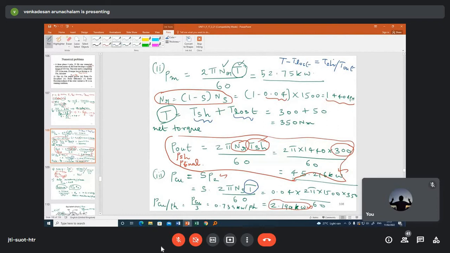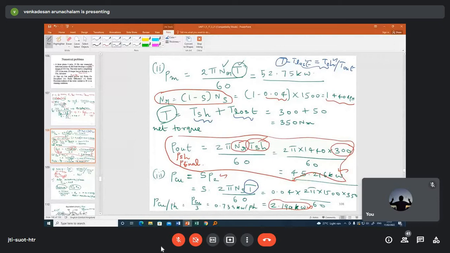Here shaft torque is given as 300 Newton meter. Torque loss due to friction is given as 50 Newton meter. So if you add these two, you get the torque actually produced in the rotor. But that is not available in the shaft because of the mechanical loss. Due to mechanical loss only, some of the torque is going as waste.